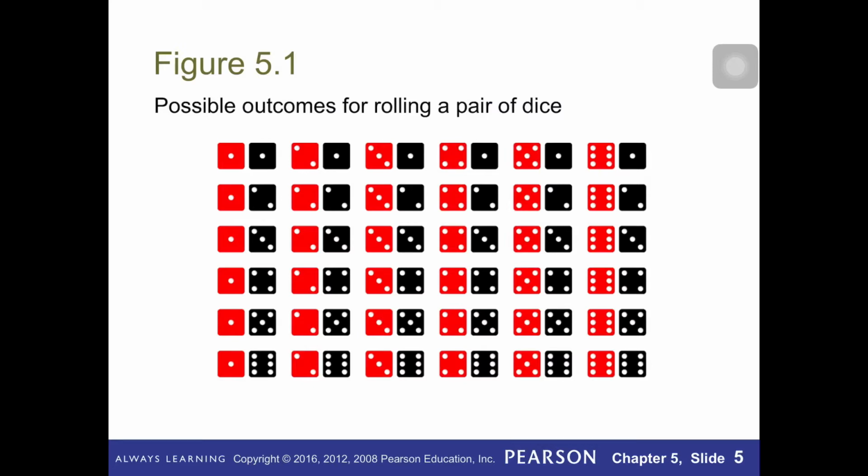I'll write red die for the first one, and the black color die is the second one.